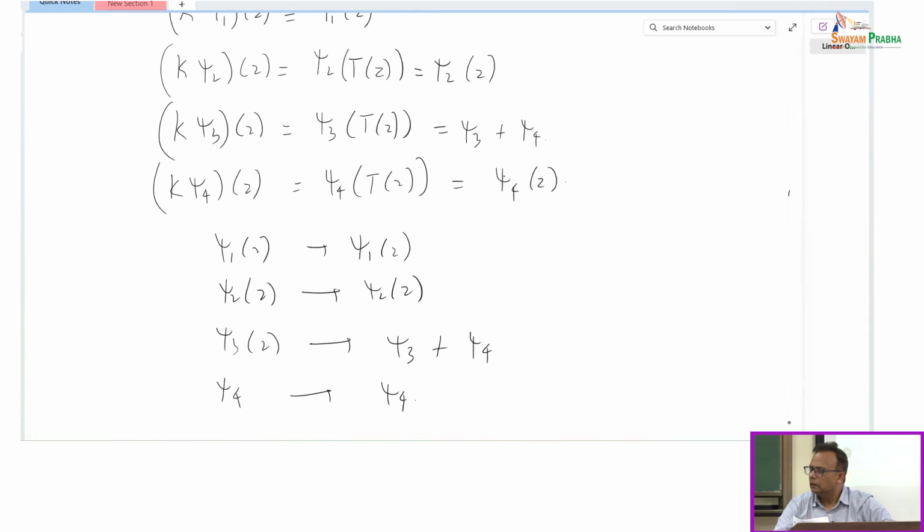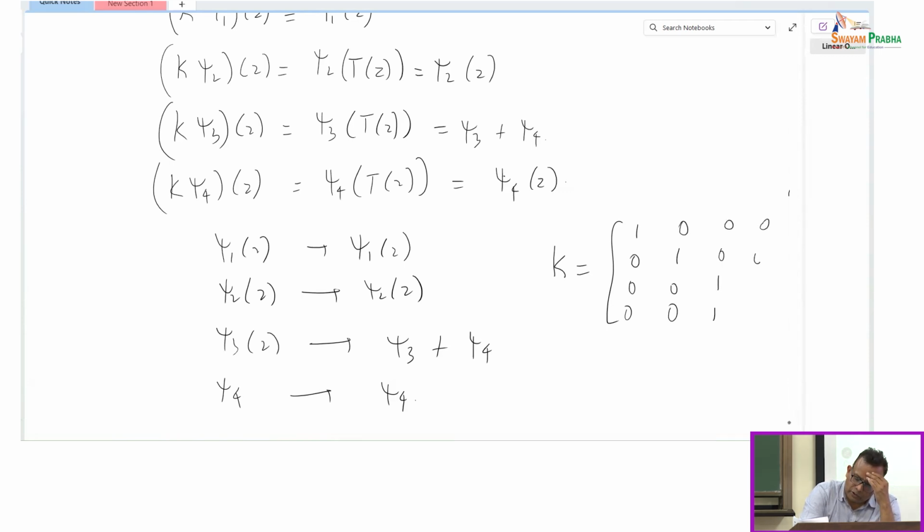I'll write it, and I'll tell you why I'm writing it like this. If I want to write the matrix correspondence, which I denote by K, the K will be 1 0 0 0, and this will be 0 1 0 0, and then this will be 0 0 1 1, and this will be 0 0 0 1.